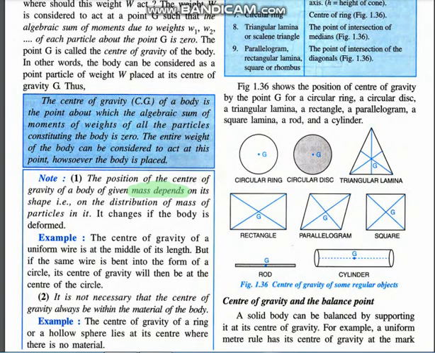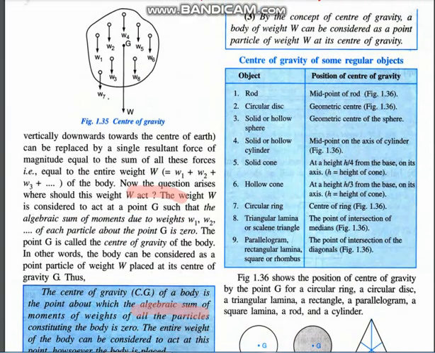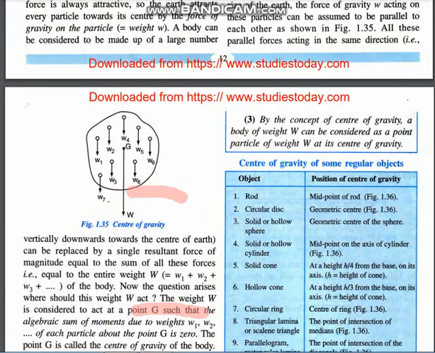Center of gravity depends on three things: it depends on mass, it depends on the material of the body, and on the right hand side, a body of weight W can be considered as a point particle of weight W at its center of gravity.